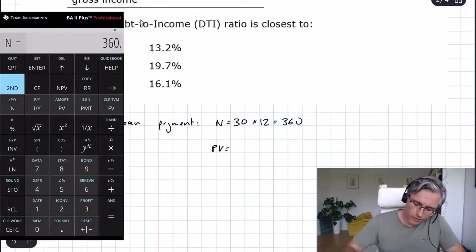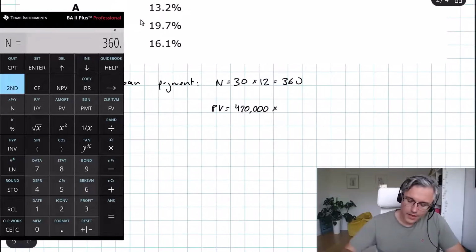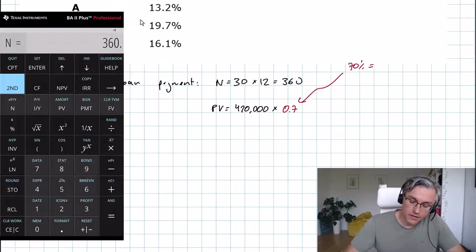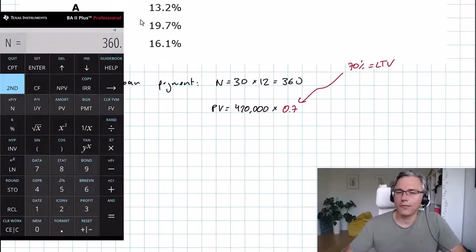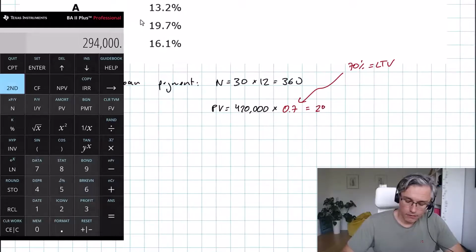So take 420,000, the house value, and multiply by 0.7 or 70%. That effectively 70% is our loan to value, how much loan the borrower takes in relation to the value of the property. So 420,000 times 0.7 equals 294,000, and I'm going to make this my PV.